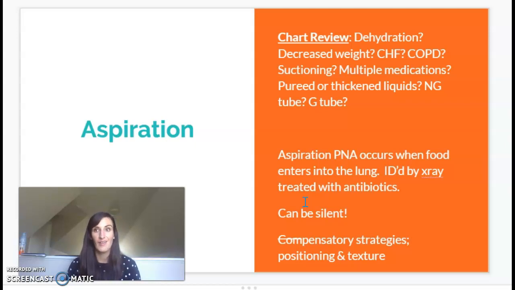And that's why it's so risky, and that's why we need to make sure that they are following the precautions that are recommended. And so this is where you'll see folks on maybe a modified diet, so say that it's been recommended for them that they be on a thickened liquid diet.